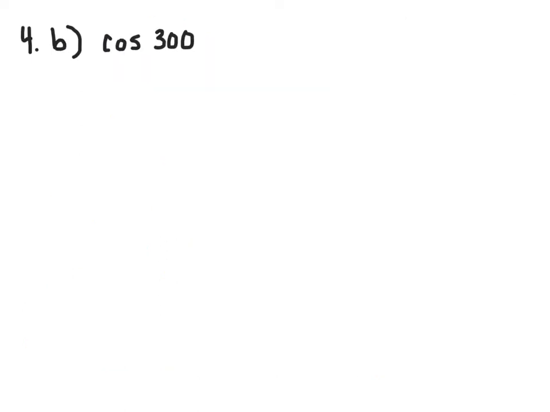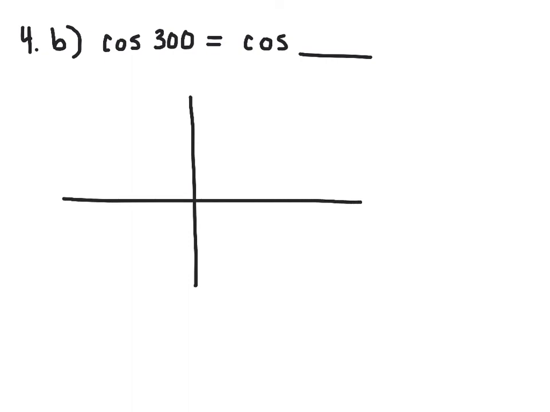Question 4 is a nice tricky one. It says use the related acute angle to state an equivalent expression. So cos of 300 is the exact same as cos of something. We have to figure out what else this is equal to. Let's figure this out, okay, using the terminal arm and drawing cos of 300.